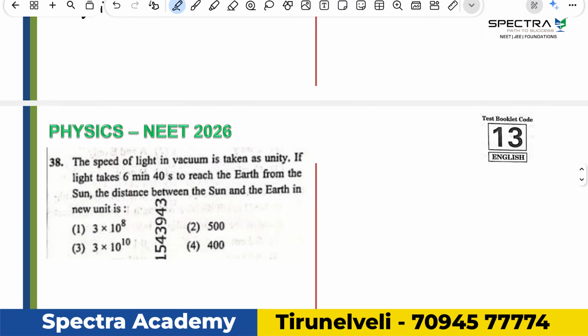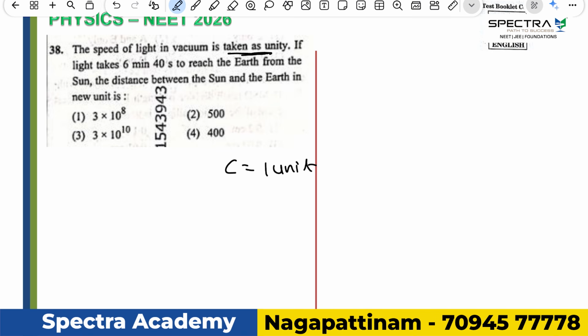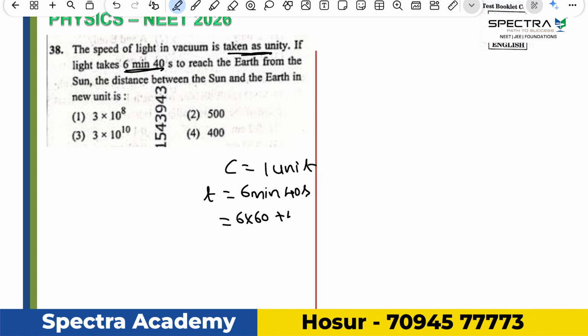What they are saying to us. Question number 38. The speed of light in vacuum is taken as unity, that is 1 unit they have given. If light takes 6 minutes 40 seconds, time t is equal to 6 minutes 40 seconds, which is nothing but 6 into 60 plus 40.